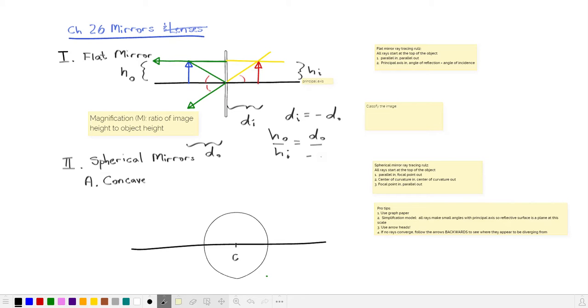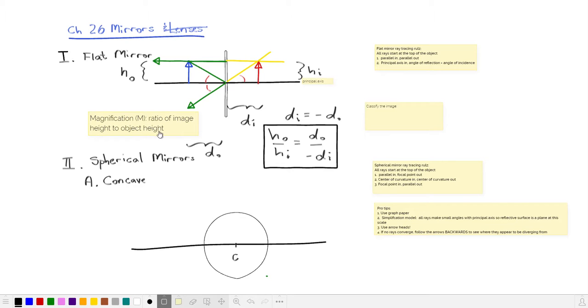I have to use a negative sign again because the image distance is negative. So we're actually going to use this relationship quite a bit, that the object height and the image height are related by the ratio of the distances.